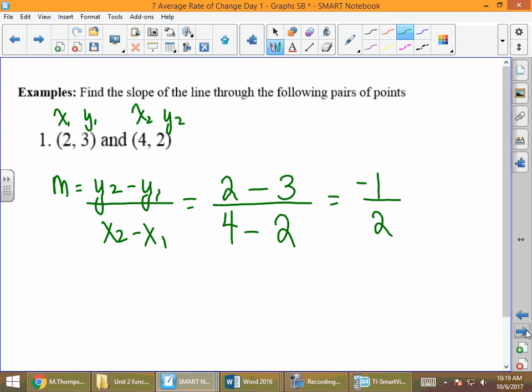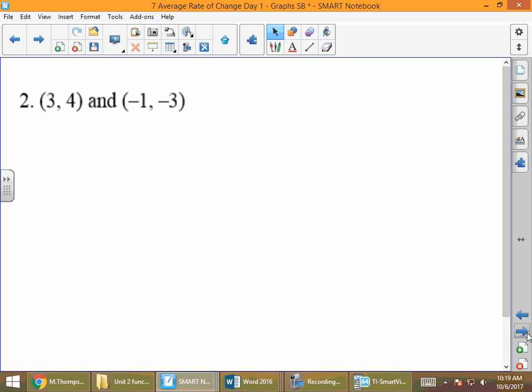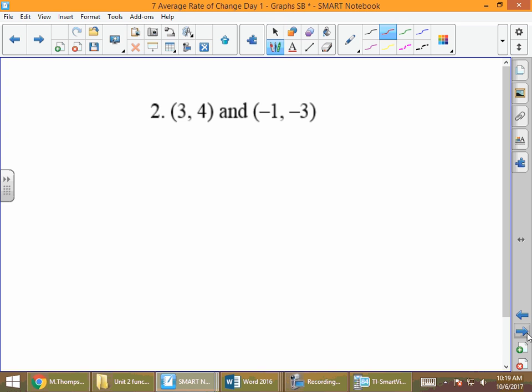Looking at the next one, it's the same process. We're going to identify what's x sub 1 and y sub 1, x sub 2 and y sub 2. Again, you can look at the very top of your paper and see the formula, but because I cannot, I'll just write it again.